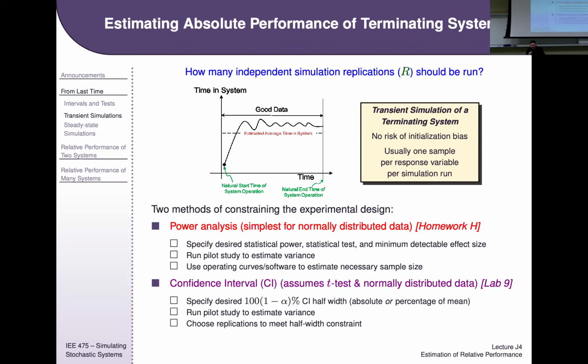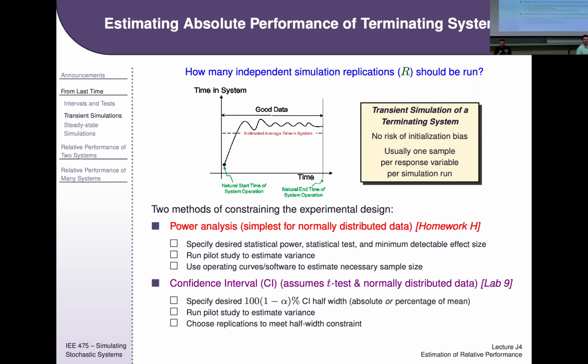So for transient simulations of terminating systems, the key thing is how many replications to run. That's the only thing that we can change in our experimental design here. We did a power analysis in homework H, and that's one way to handle this replication question.